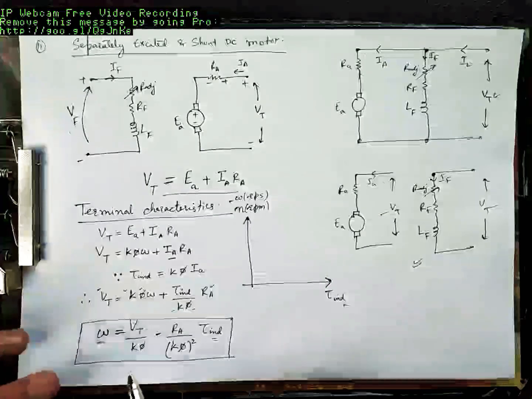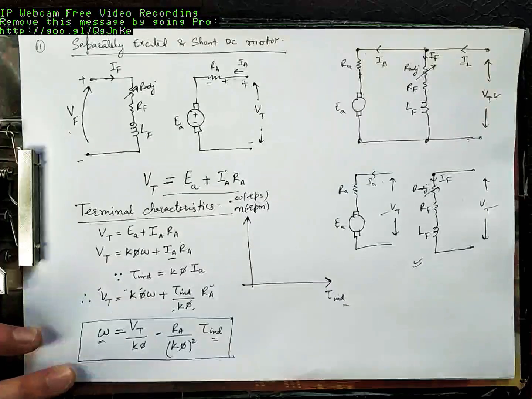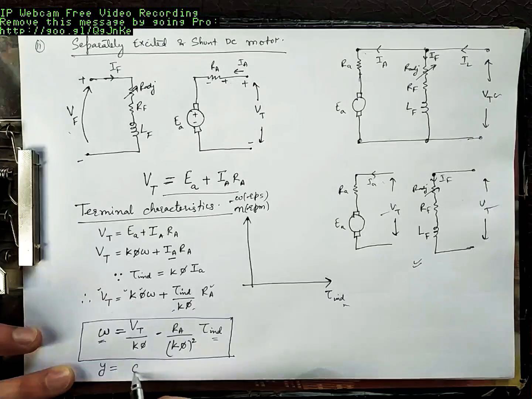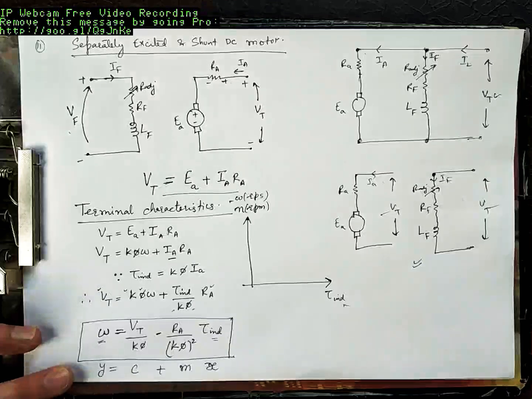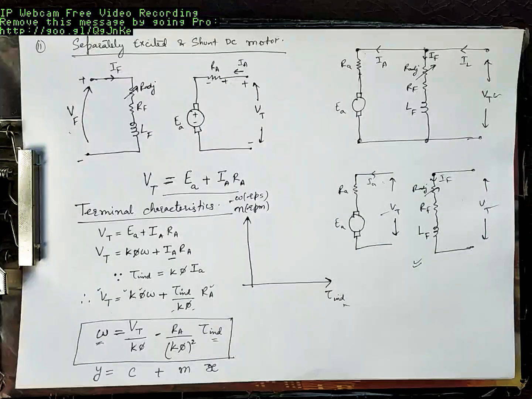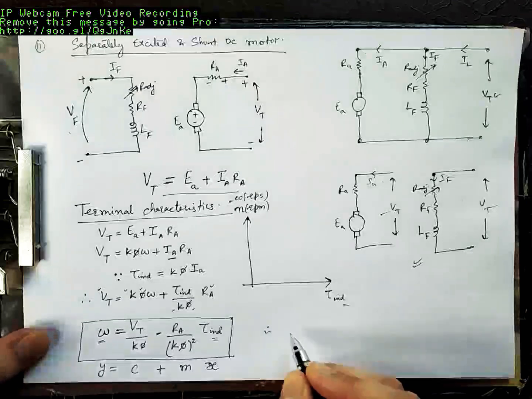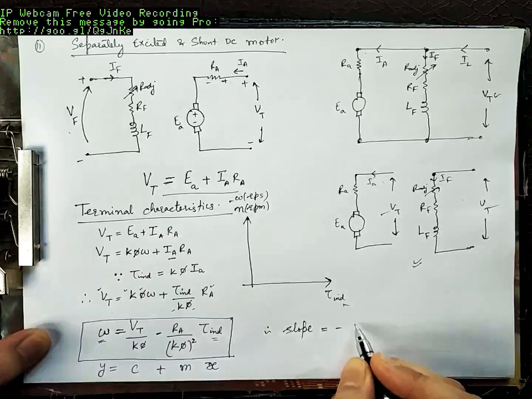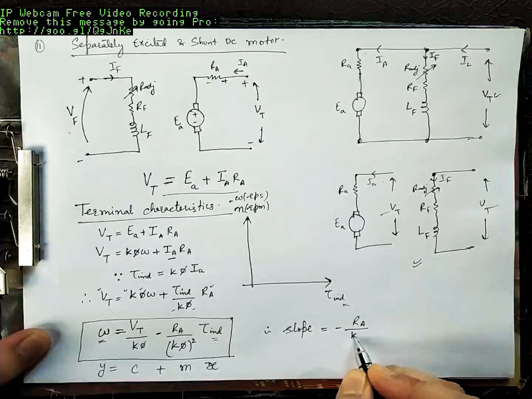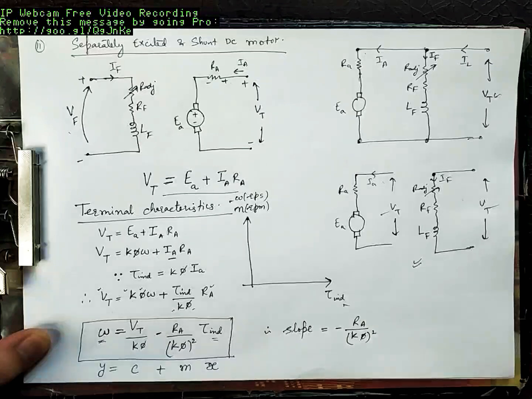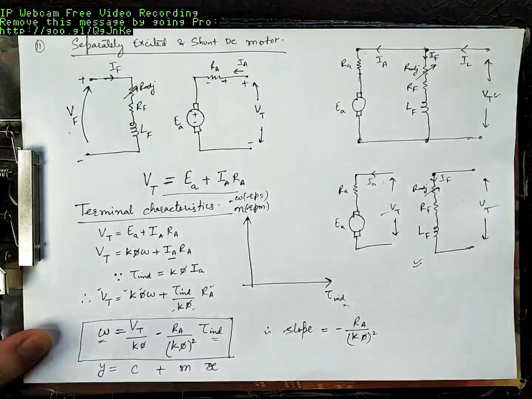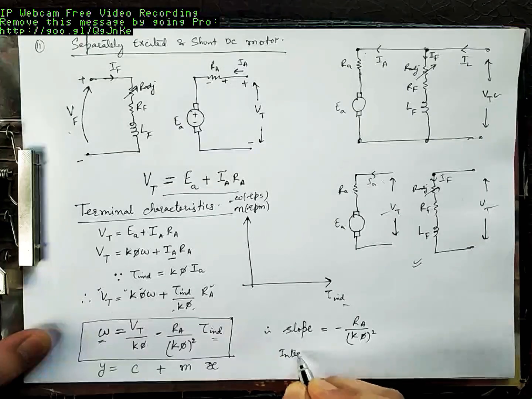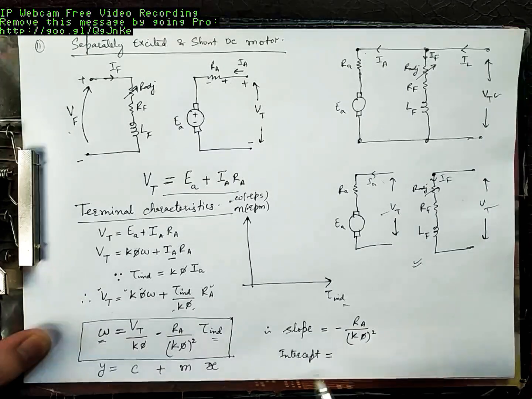If we compare this to the equation of a straight line, y equal to c plus mx, or y equal to mx plus c, therefore slope of the curve m is equal to minus Ra divided by K phi squared, and intercept is equal to Vt divided by K phi.